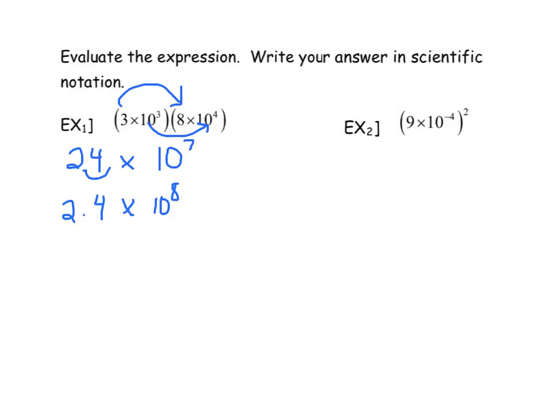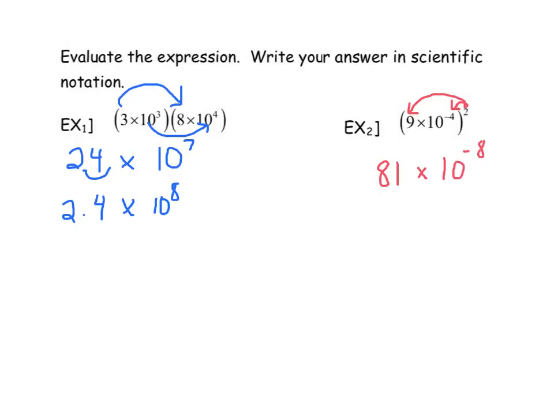Example 2, you're raising everything to the power of 2, so you have to do 9 times 9, which is 81. 9 squared is 81. And then here, remember, you have to multiply the exponents together whenever you raise a power to a power. So you get 2 times negative 4, so you get 10 to the negative 8.